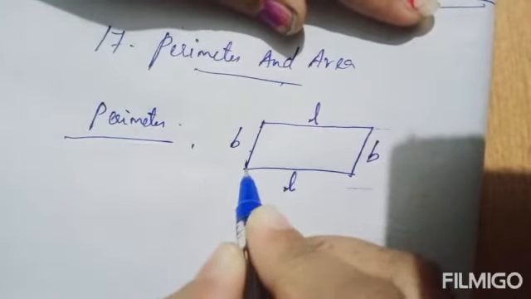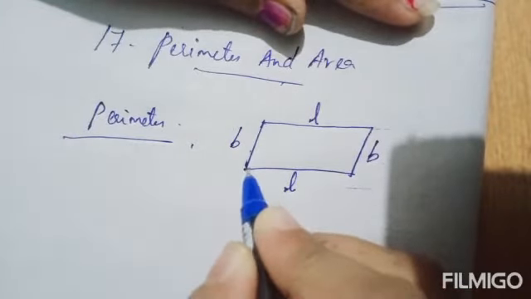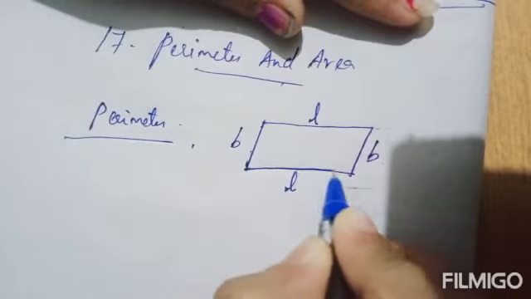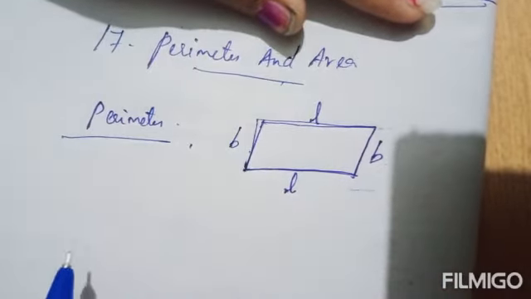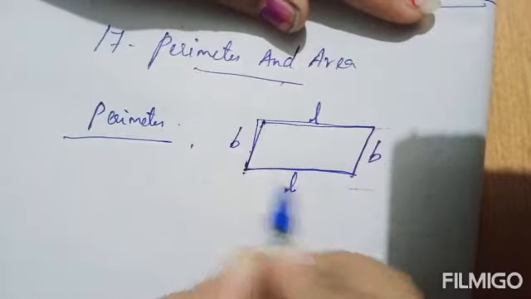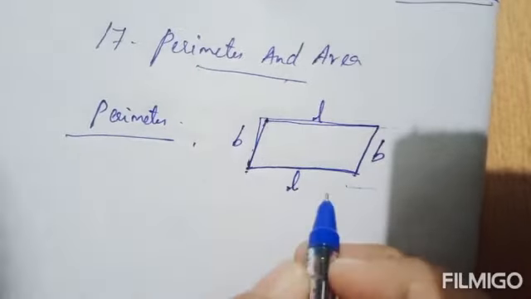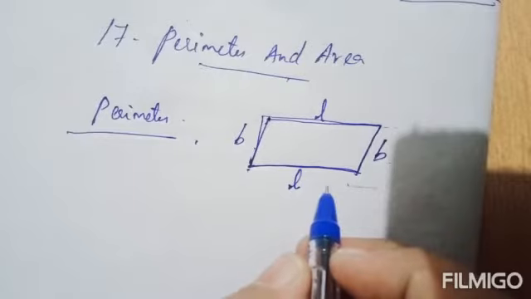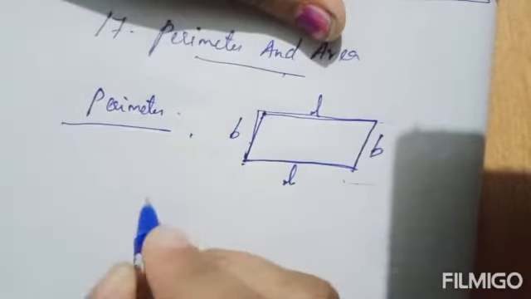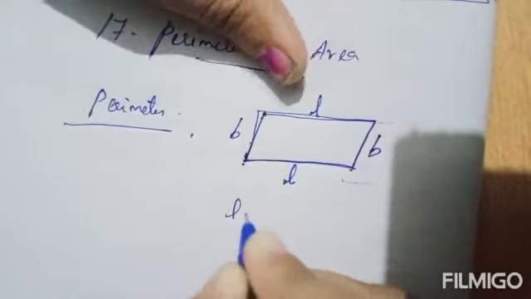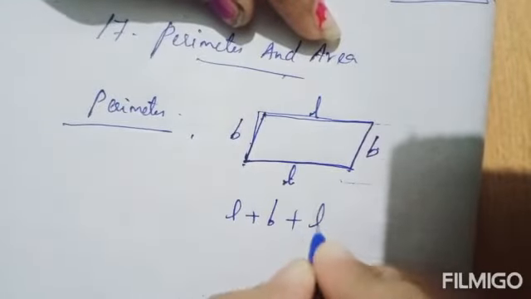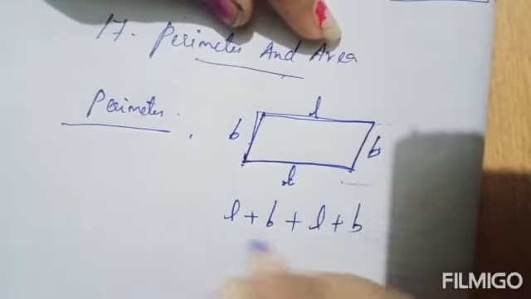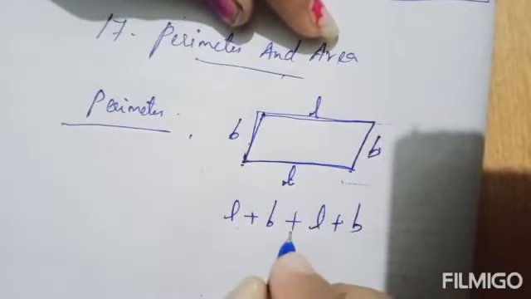The distance around a plane figure, that is the sum of these 4 sides, will be the perimeter of the rectangle. So how can you find the perimeter of a rectangle? It is length plus length plus breadth plus breadth, the sum of its 4 sides.